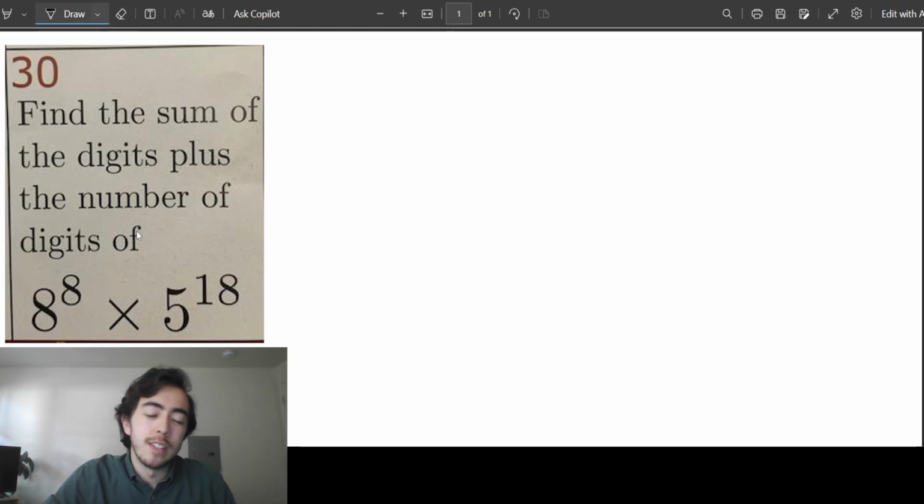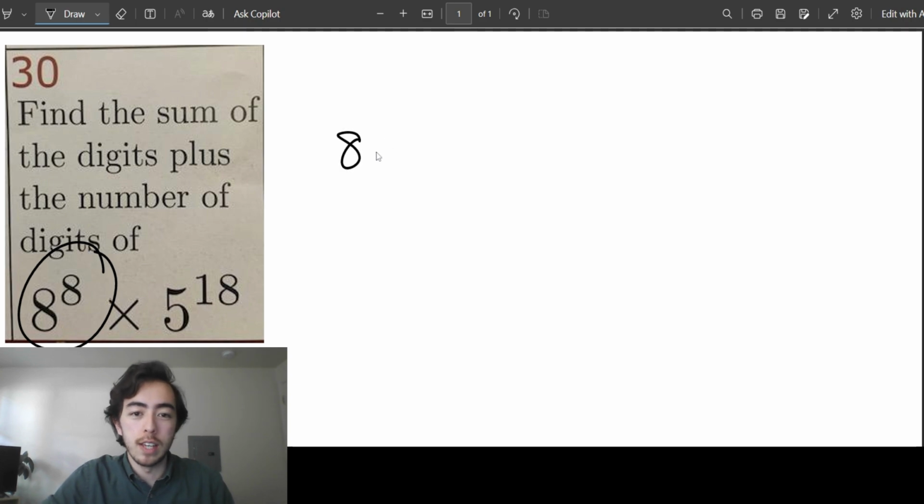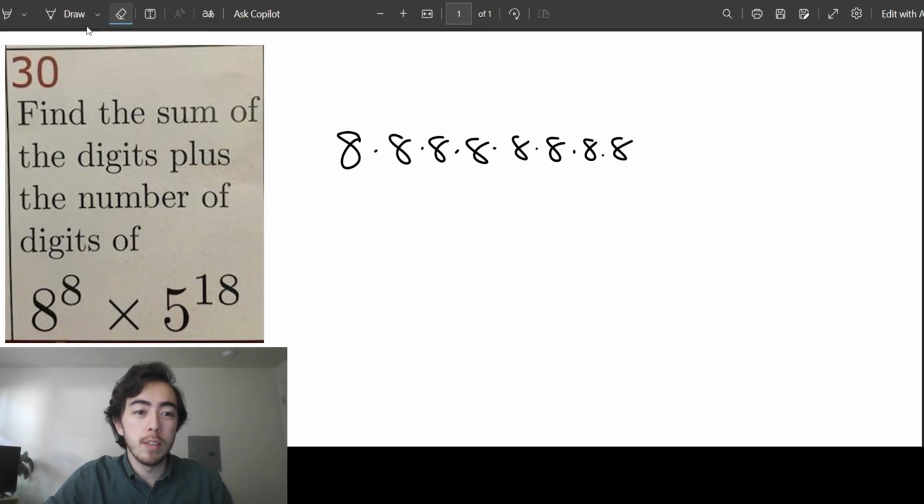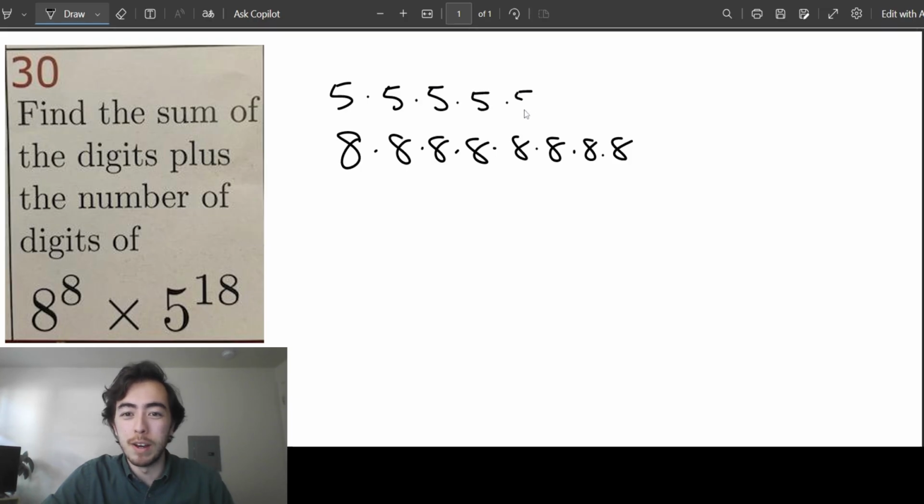Now, as is, this problem looks kind of obnoxious because 8 to the power of 8 is 8 multiplied by itself 8 times over, and that is a lot of 8s to multiply. And then 5 to the power of 18 is even more 5s, right? We're going to have 15 of them, so nearly double the amount of 8s that we have, and somehow we're supposed to compute this product altogether.